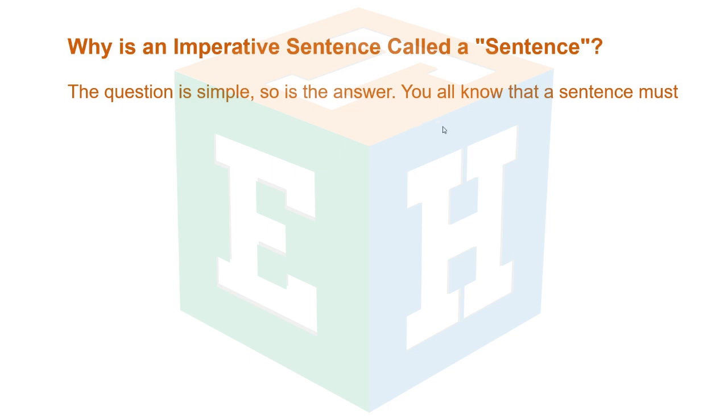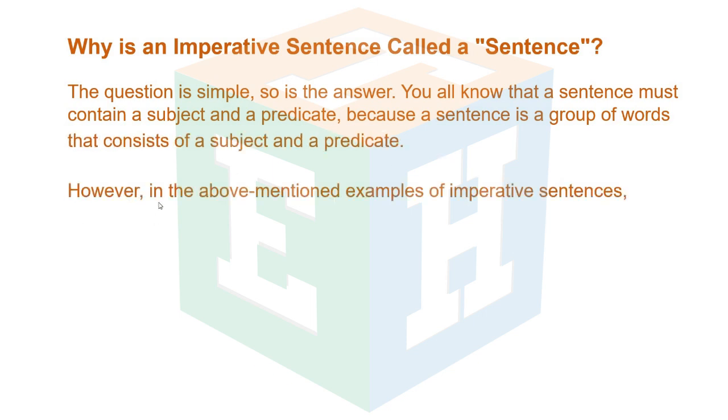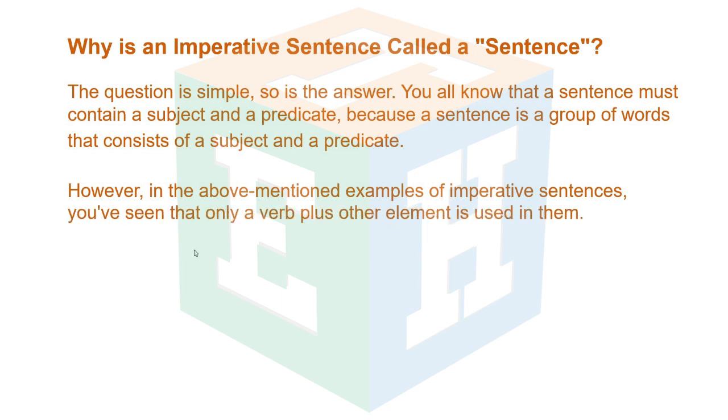You all know that a sentence must contain a subject and a predicate because a sentence is a group of words that consist of a subject and a predicate. However, in the above mentioned examples of imperative sentences, you've seen that only a verb plus other element is used in them.